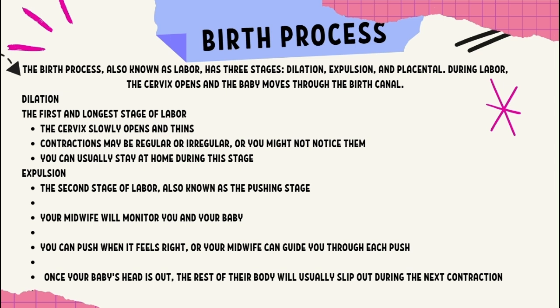Then expulsion, which is the second stage of labor, also known as the pushing stage. When the pregnant person goes to the hospital and they check her and say, wow, this much dilated, and then say, well, listen, you're about to have the baby. They hook you up on the hospital bed, put on a drip and whatever you need.